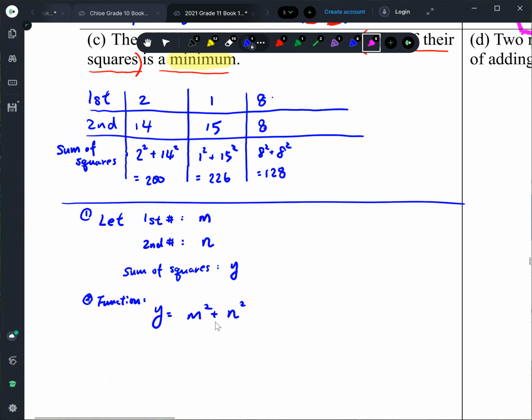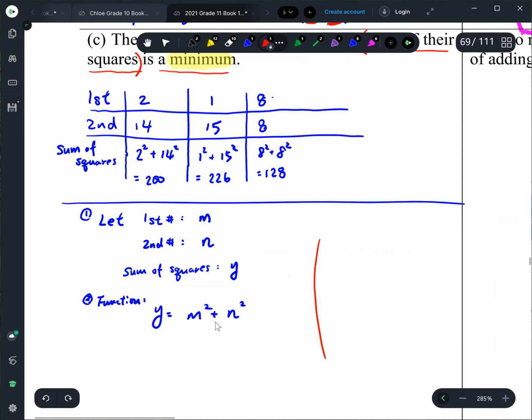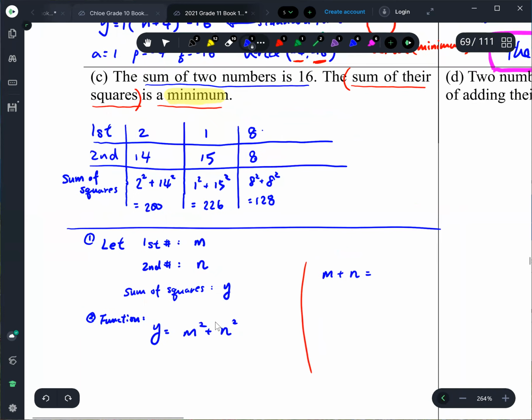So you have to go to the side. The thing that connects the m and n is m plus n has to be, what is it? 16, right? So now we can use it to replace one of the variables.